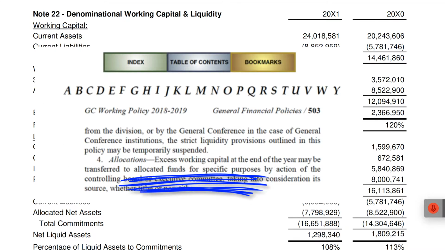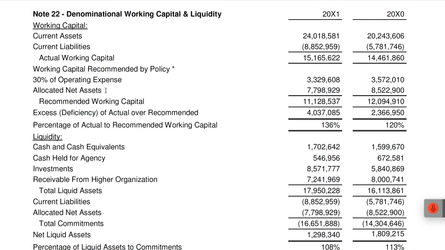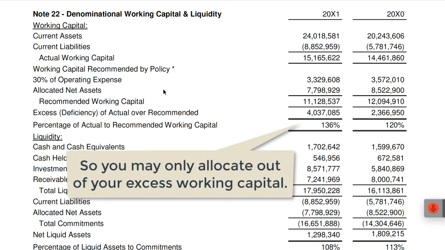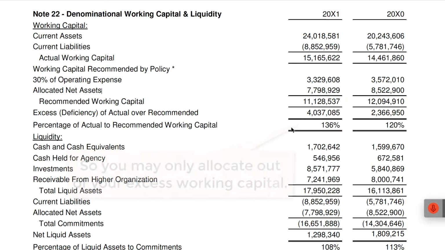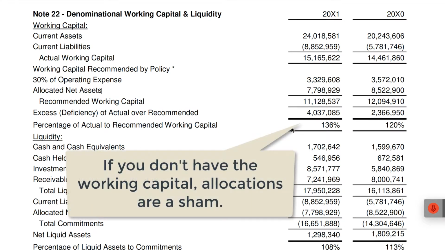So anytime you're below 100% of the working capital requirement, it is against policy to allocate. I will tell you that if you're allocating and you don't have the working capital, you're just playing a game anyway. You're saying these resources are for this special project when in fact you don't have the resources.